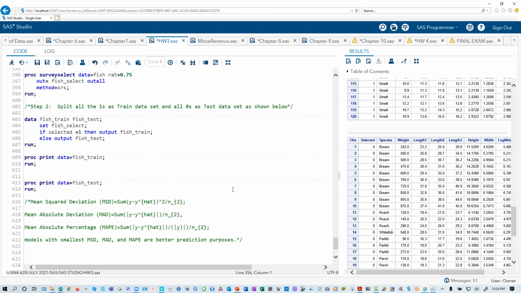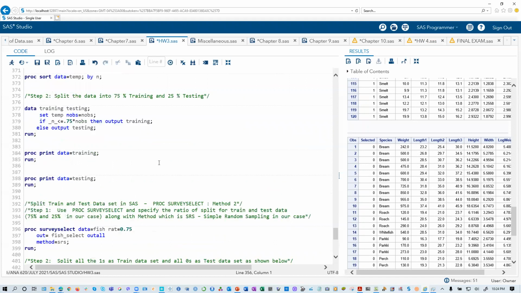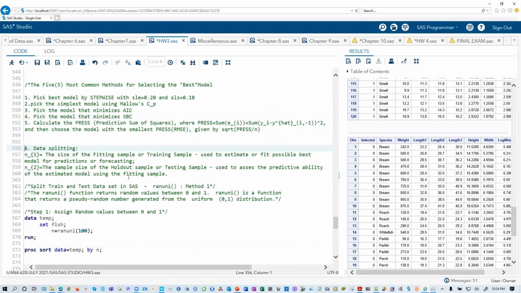Stepwise, backward, forward, that's enough. And the all possible one, that's more than enough. But keep in head, these are the most powerful ones. If you want, you can use that one. If you don't, you don't have to. CP1, we saw that at a certain point, but PRESS, SBC, AIC, you don't have to worry about that one. Okay.